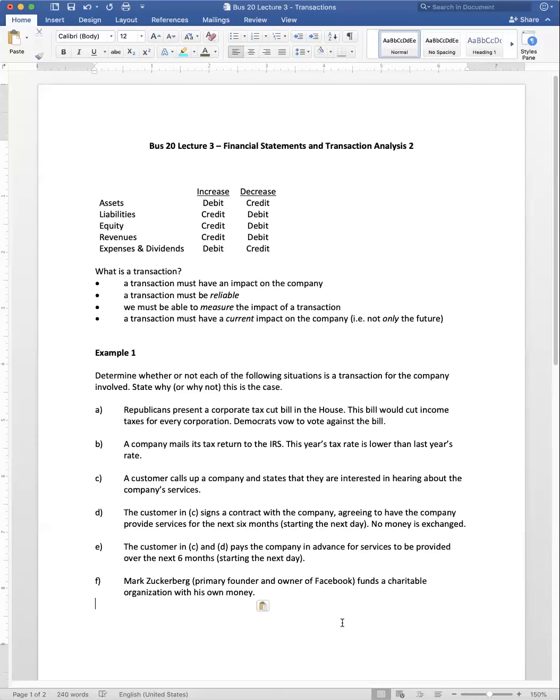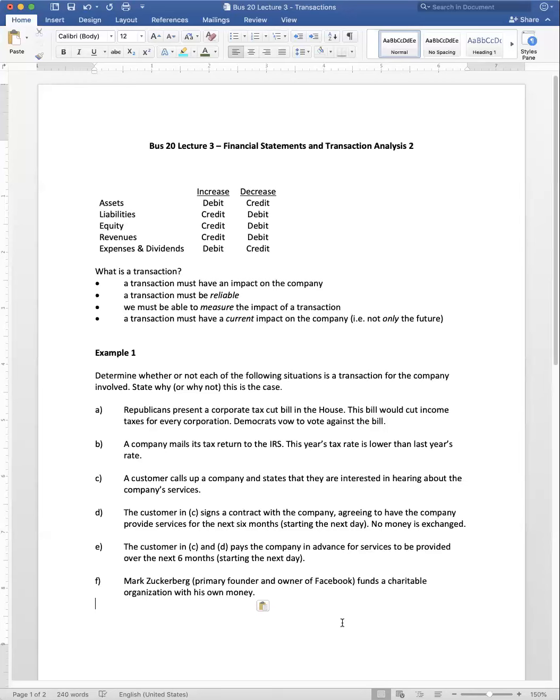Is it a transaction for Facebook? All right, well, it's clearly reliable, right? Because he's funding the charity right now. It's measurable because we have an amount of money he's putting in the charity, right? It's impacting right now because he's paying the money right now. But the problem is, it's not a transaction for the company.